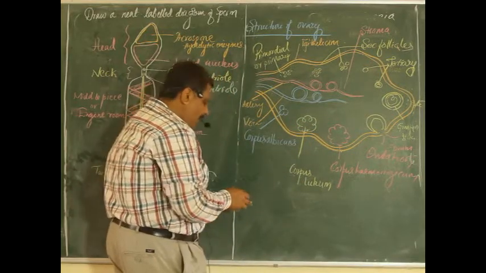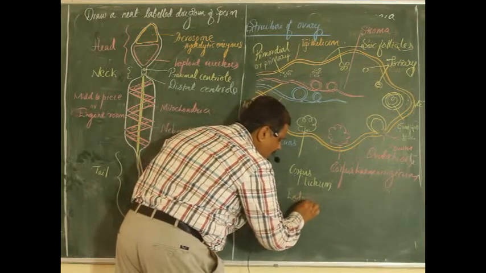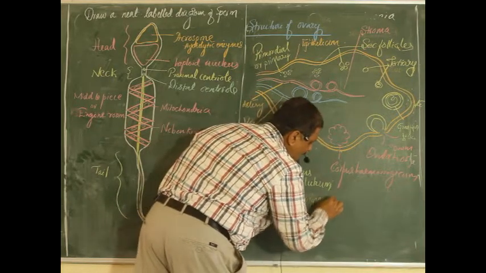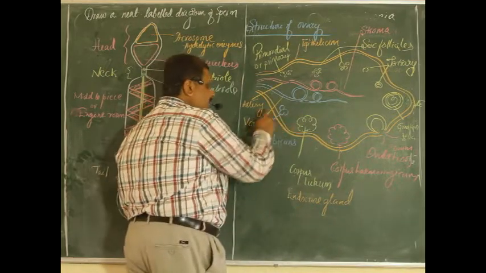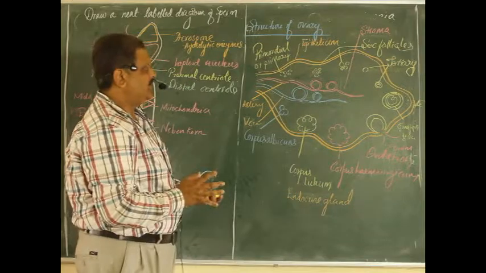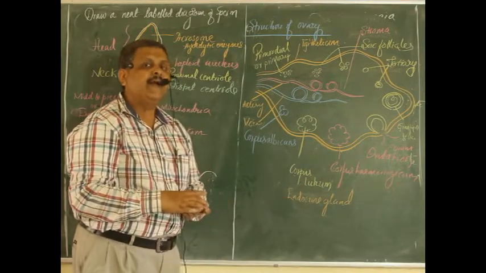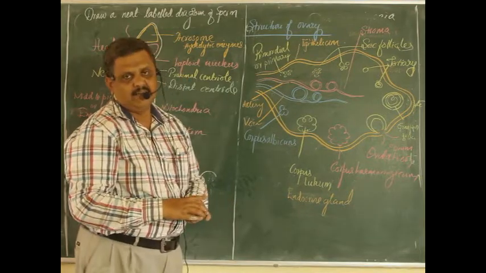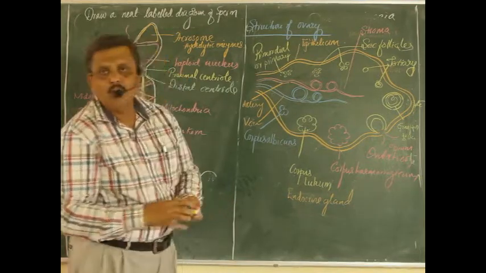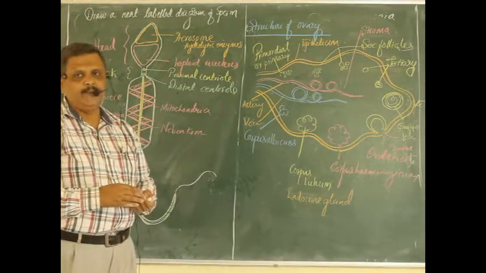You should remember, corpus luteum is called endocrine gland of the ovary. And later, it is converted into corpus albicans. So, this is the cyclical event that takes place in ovary. So, you should remember this particular point. Now, with this, let us move to the next topic.